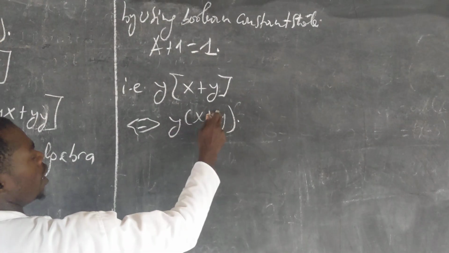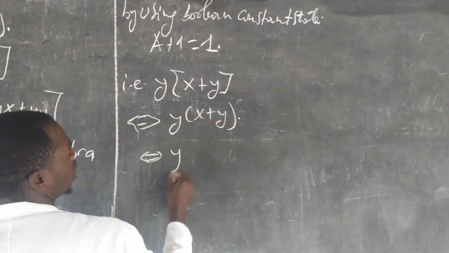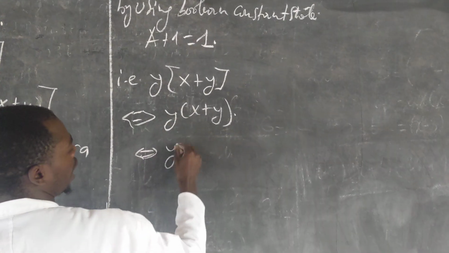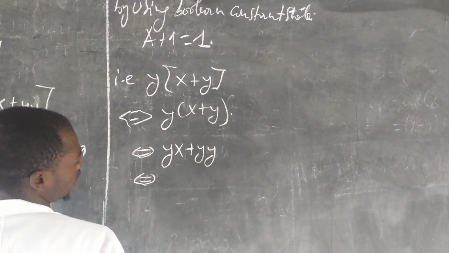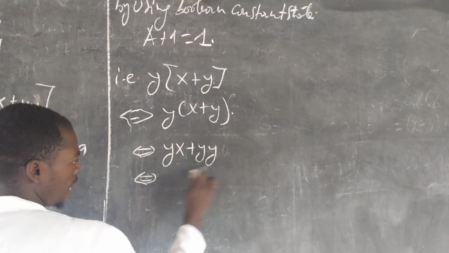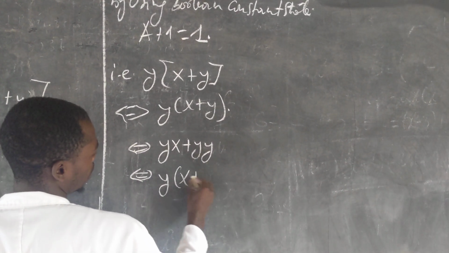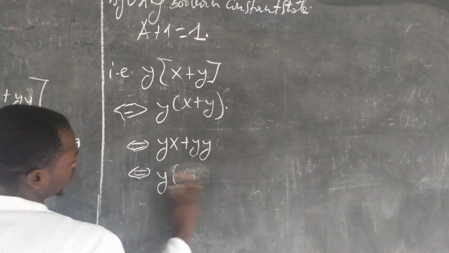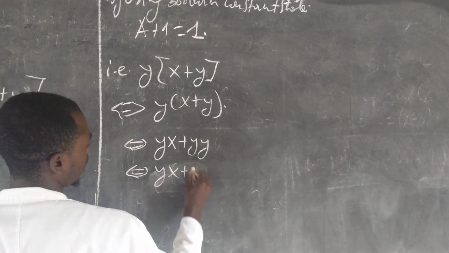So now, what to do? This y will be inside of a bracket, and then yx plus yy. So this is equivalent to here. This will give us 1y. Okay, so this will be yx plus y.